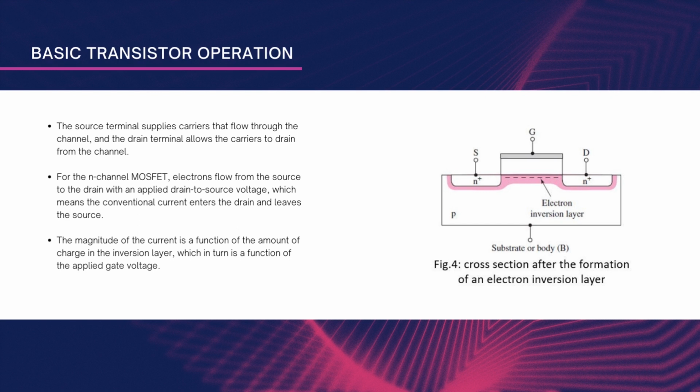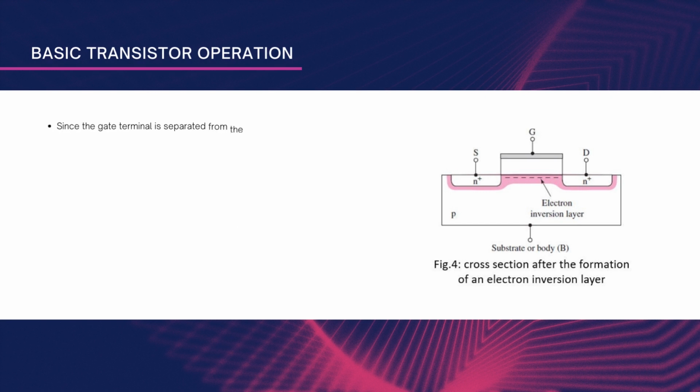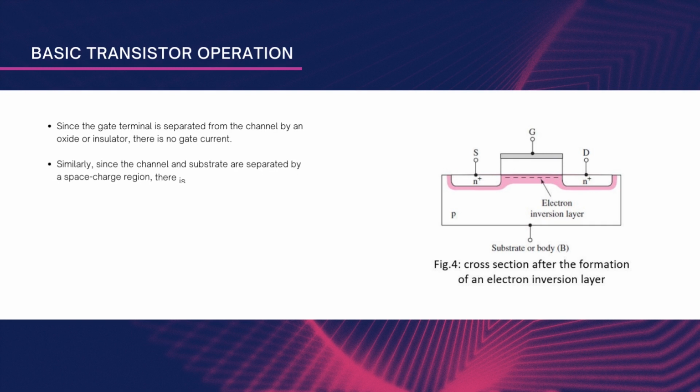The magnitude of the current is a function of the amount of charge in the inversion layer, which in turn is a function of the applied gate voltage. Since the gate terminal is separated from the channel by an oxide or an insulator, there is no gate current.